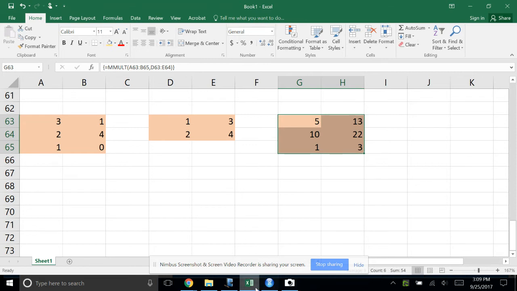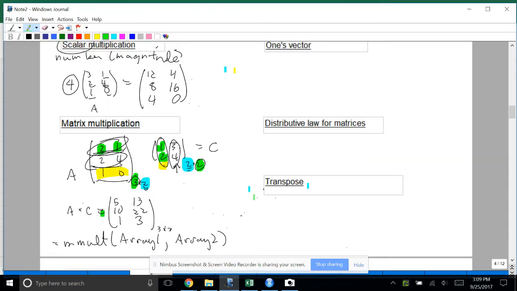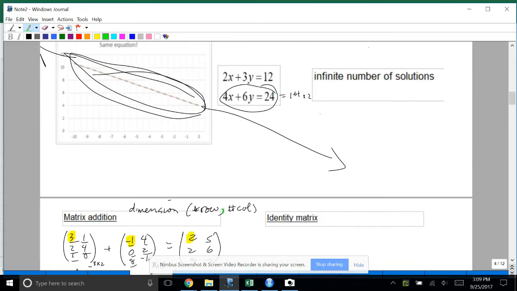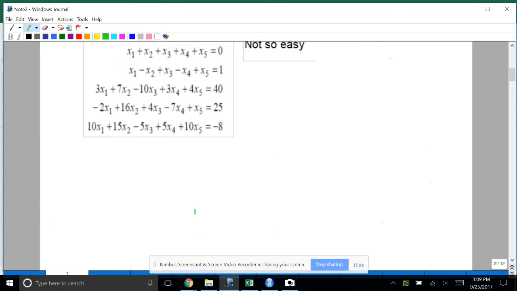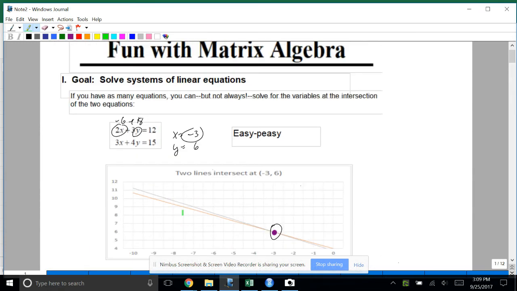All right, so now that we have the matrix multiplication down, we can go back to our simultaneous equation up here, and we can write this in matrix form. Right, so we can have the coefficients 2 and 3 and 3 and 4 times the variables x and y, and that equals 12 and 15.